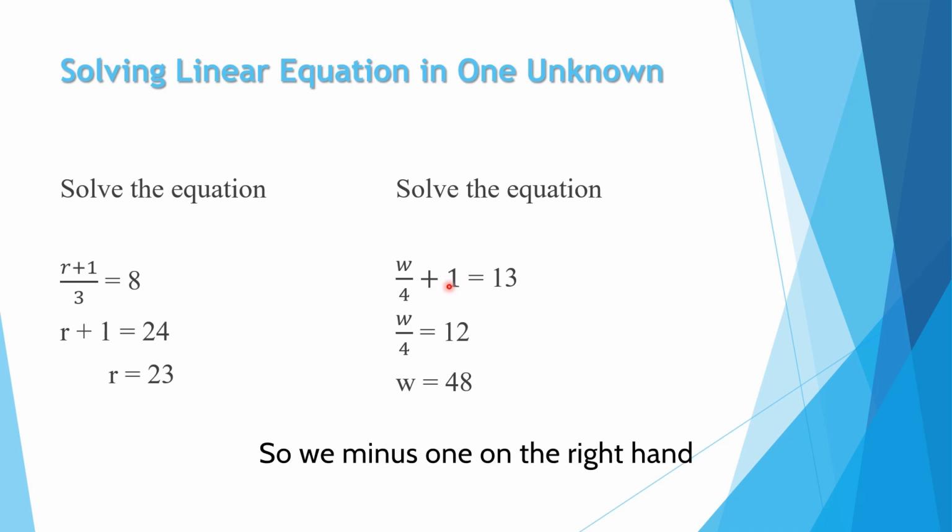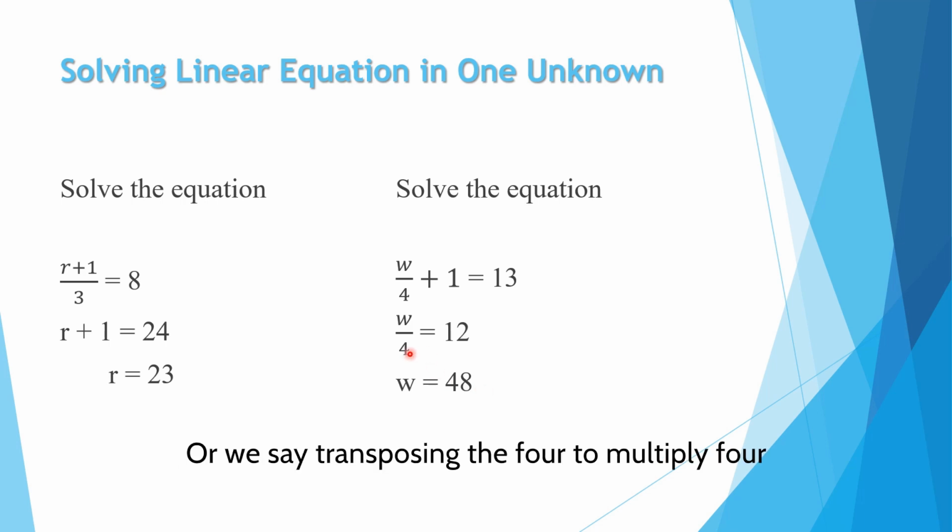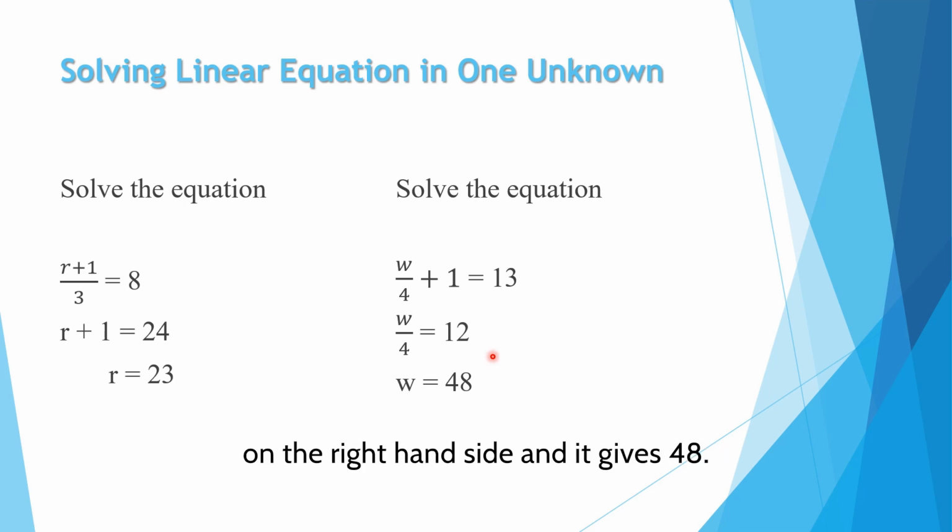So we minus 1 on the right hand side, or transpose plus 1 to minus 1 on the right hand side, it gives 12. And then now we can multiply 4 on both sides. Or we say transposing the 4 to multiply 4 on the right hand side, and it gives 48.